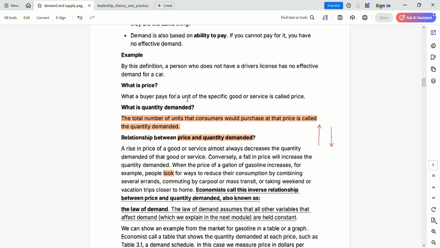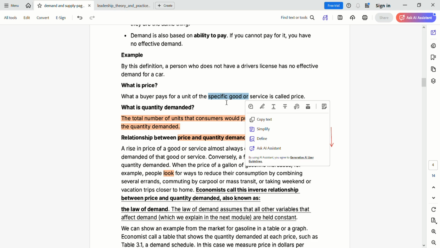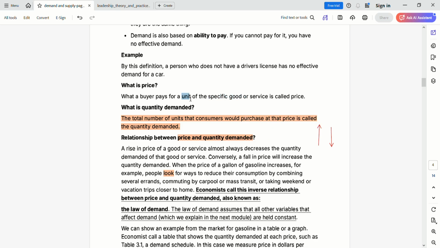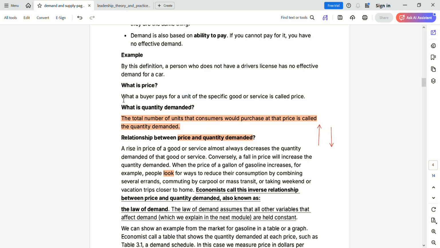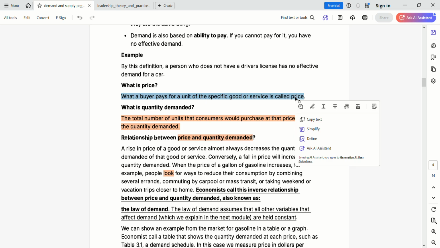At that point, 200 rupees is a specific price for a specific good, which is mango. The unit to buy is 1 kg. So that is a price. That means we have to pay to buy a single unit of that product or service. That is known as our price definition.